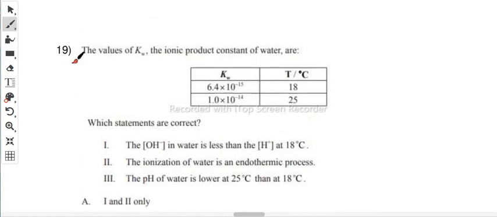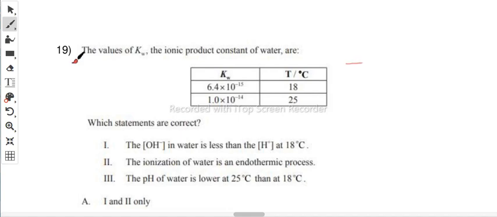Continuing now with question number 19. The values of the Kw, the ionic product constant of water, are: we have the Kw which is 6.4 times 10 to the power of negative 15 and the temperature is 18. We have also 1 times 10 to the power of negative 14 and the temperature is 25.